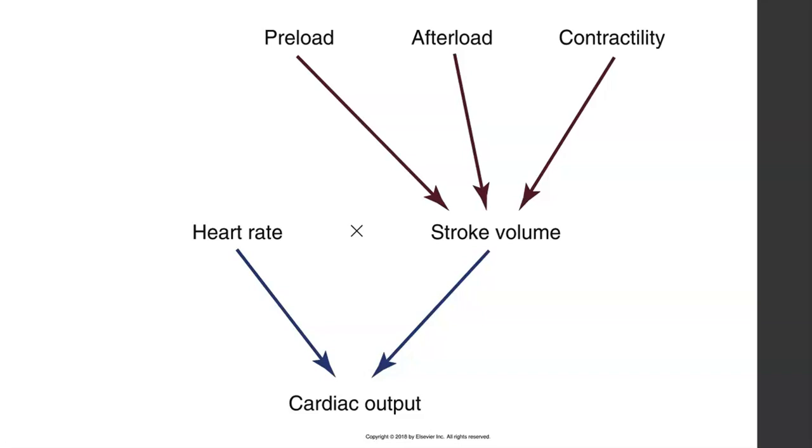And contractility is just the heart's contractile force. Those affect our stroke volume, which is the amount of blood ejected by the ventricle with each heartbeat in mLs. Then we have our heart rate, obviously. And then we multiply those to get our cardiac output, which is the amount of blood pumped out by our ventricles over 1 minute. Okay.